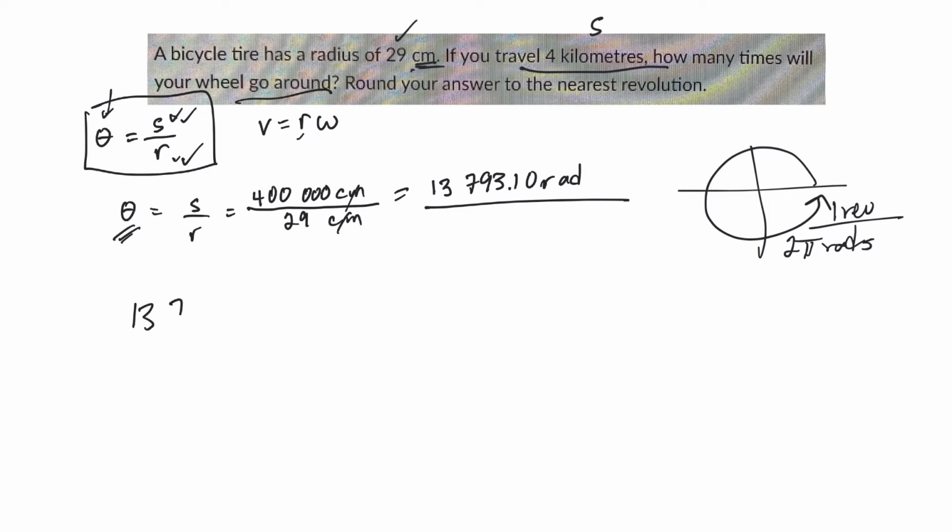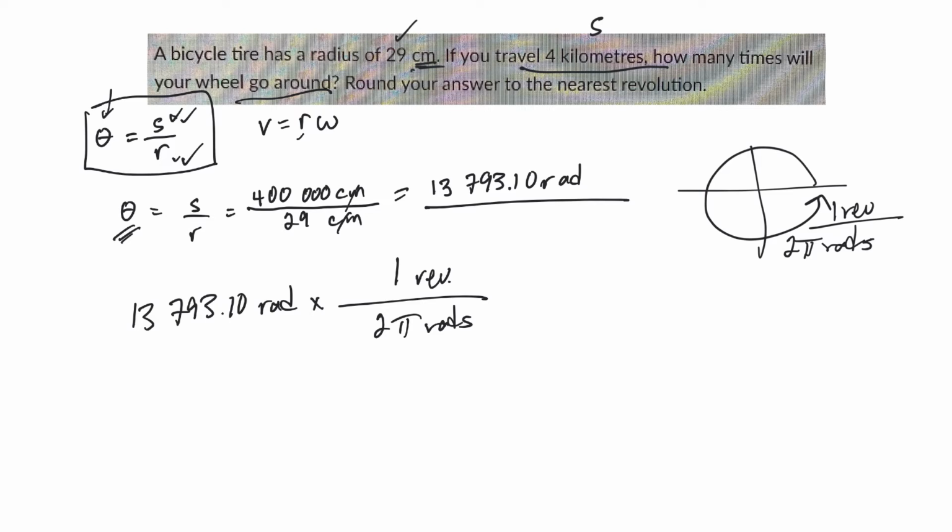So 13,793.10 radians multiplied by one revolution per 2 pi radians. I have to take the same answer and divide it by 2, and then divide it by pi.